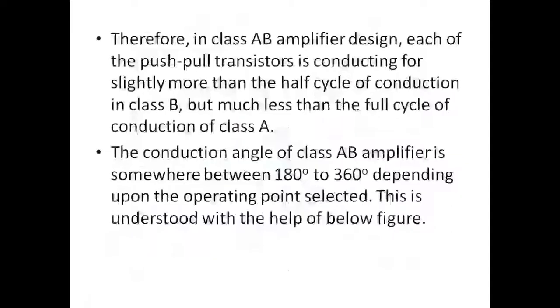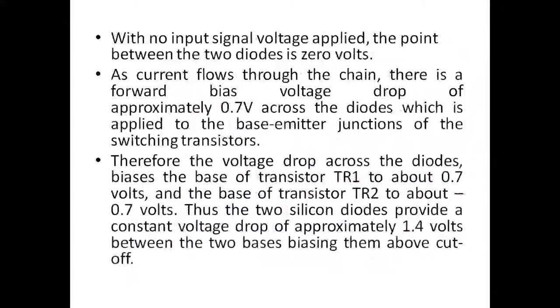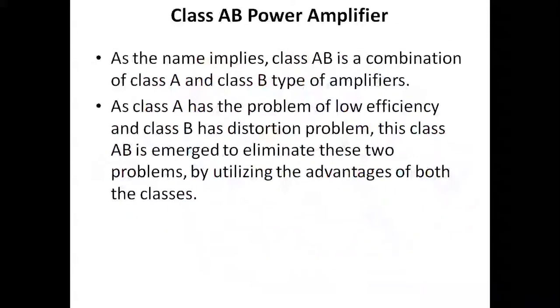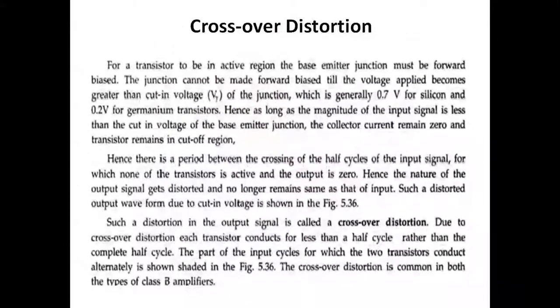So far we have discussed class A, class B, class C, and class AB power amplifiers. In a class A amplifier, the transistor conducts for 360 degrees and efficiency is 25 to 50% only, and the operating point is at the center, in the active region.